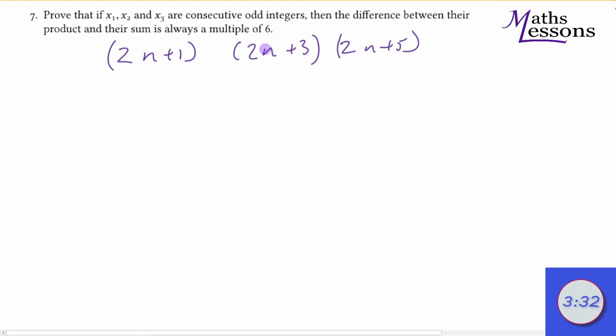So try and create 2 multiples of 3 in your sum. And then also try and show it's the product of 3 odd numbers, which is really quite simple. That's for the sum. And then think about what you can do with multiples of 3 in adding these 3 terms together. And you will see you have 2 lots of odd multiples of 3, and think about what happens there.